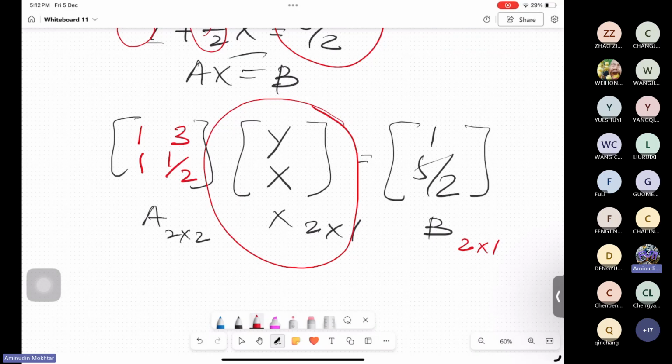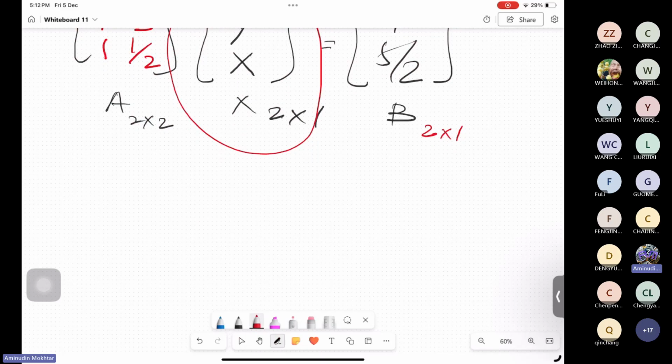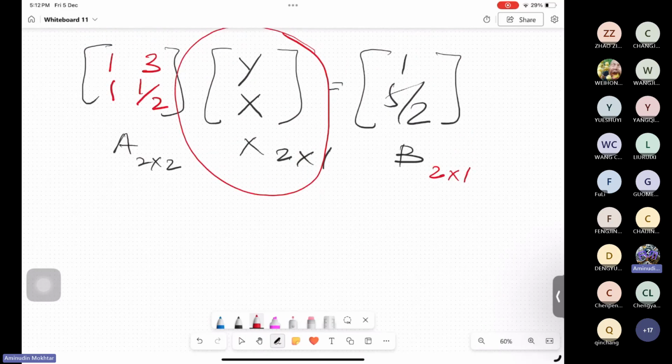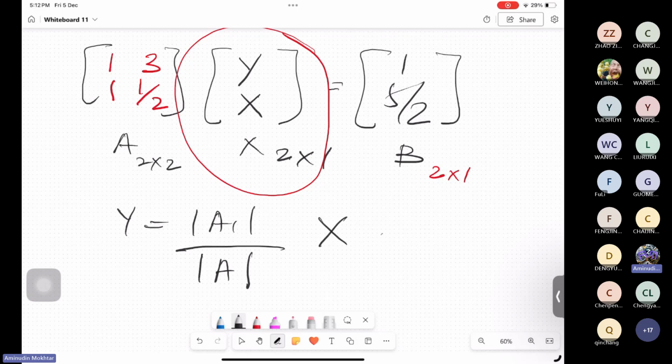Based on this method, y, the first variable in the system, equals the determinant of A1 divided by the determinant of A. Whereas the second variable x equals the determinant of A2 divided by the determinant of A. So we need to find the determinant of A, the determinant of A1, and the determinant of A2.